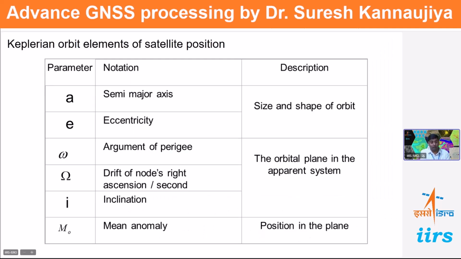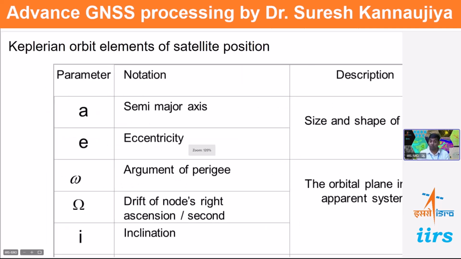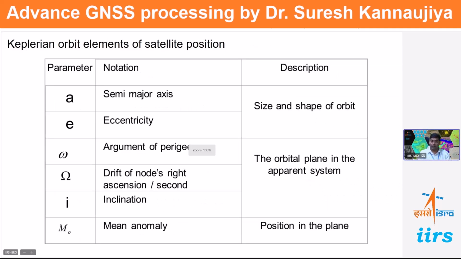With these parameters, we are able to give information about the size and shape of the orbit, the orbital plane in the reference system, and the position in the plane. This is very important for the error budget estimate.